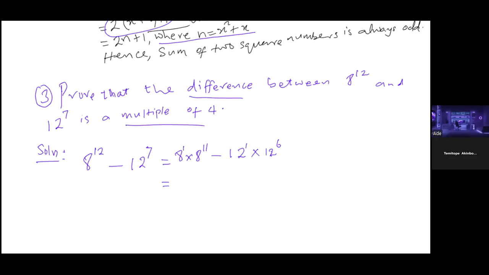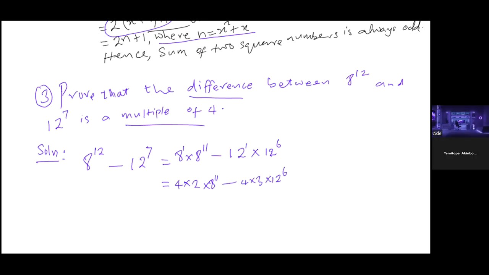We want to show that it's a multiple of 4. 8 raised to power 1, I can write as 4 times 2. Do you agree with that? Similarly, I can write 12 raised to power 1 as 4 times 3. Hope I'm communicating. Yes, sir.